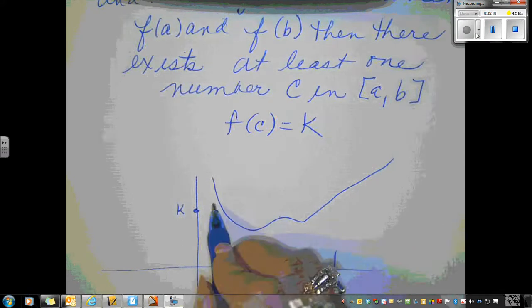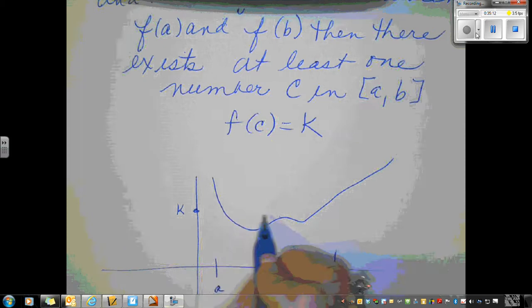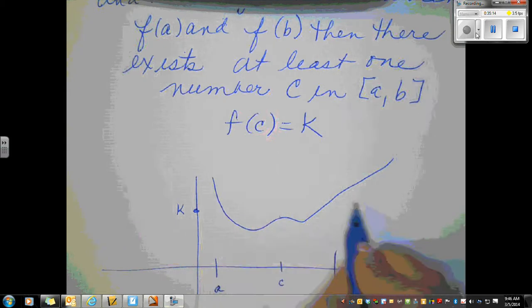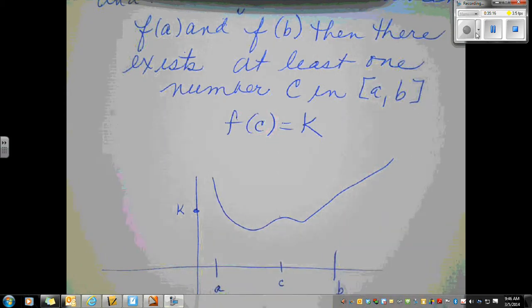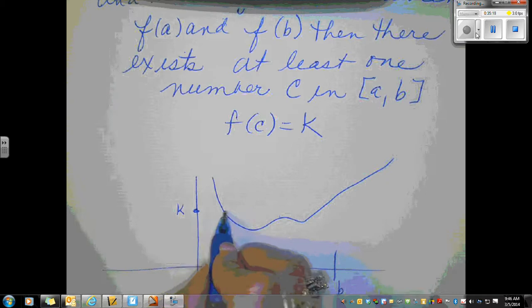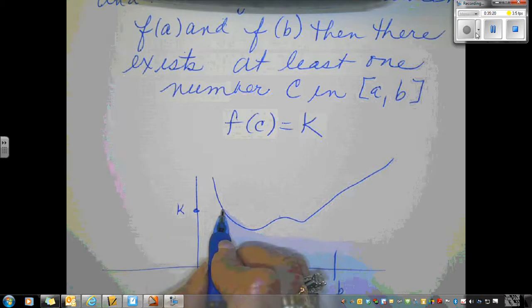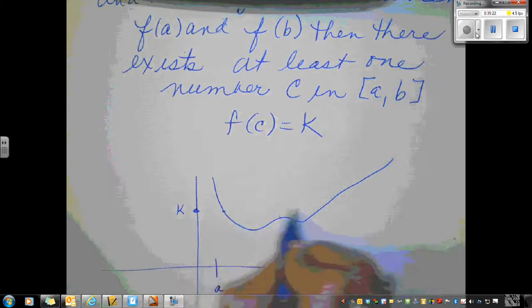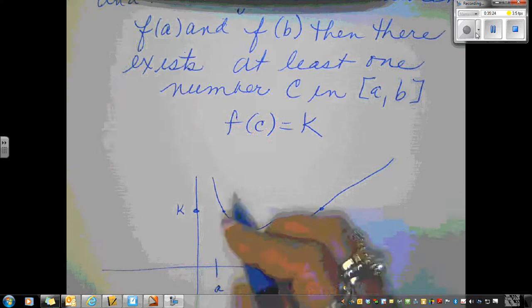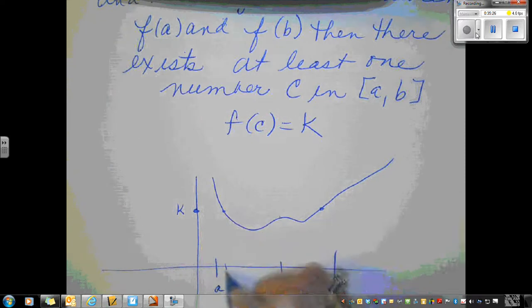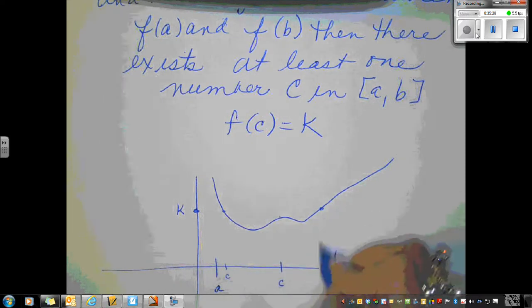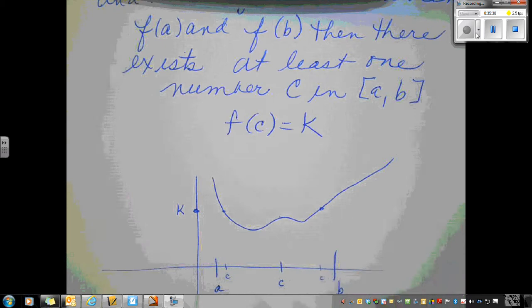Could be here, at least one place where I have k. There's k. So our c would be right here. Or another c would be right there, right? They're saying there can be more than one spot even.